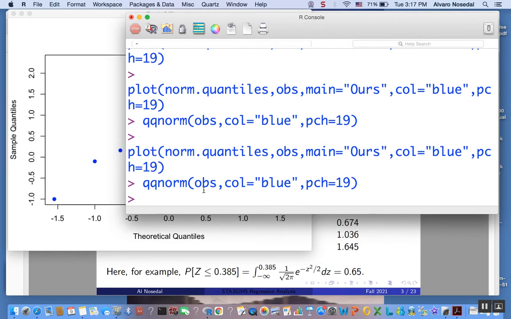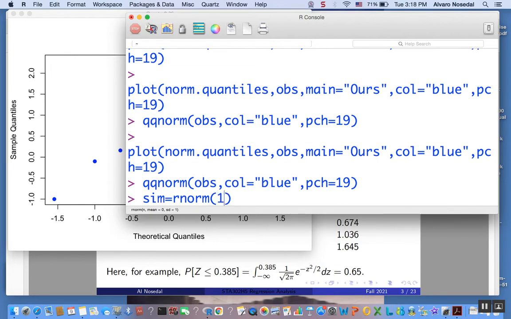So first, let me create a vector with a bunch of numbers coming exactly from a normal distribution. There's a function in R called rnorm, as in random normal variates, right?